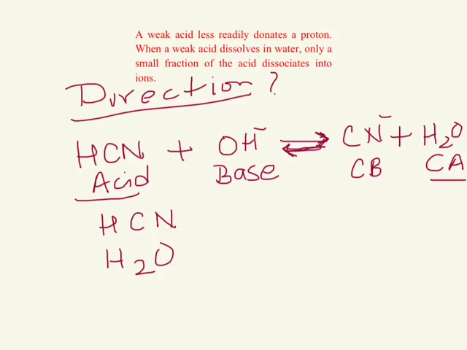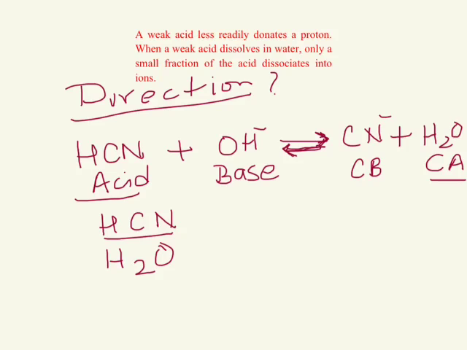Then find out from the chart that's given to you in the book that shows the relative strength of acids and bases. The chart basically shows the relative strength of different acids, and in that chart it says HCN is a stronger acid than H2O.